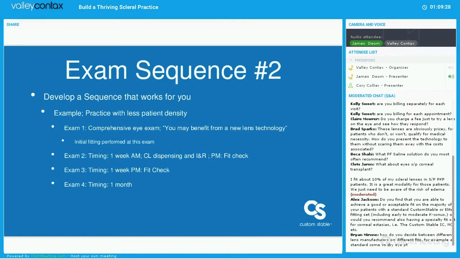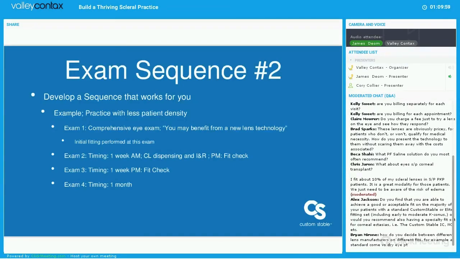It has varying diameters and very easy to change parameters. I pretty much exclusively use the Custom Stable in our office, and we have everything from the worst cones, transplants, cicatricial pemphigoid patients, terrible Sjogren's eyes, you name it, we have it. And you can pretty much get a Custom Stable on the eye that's going to help those patients.